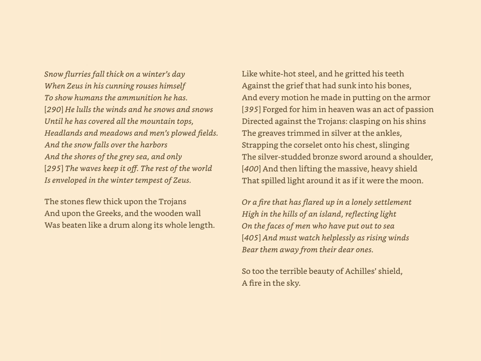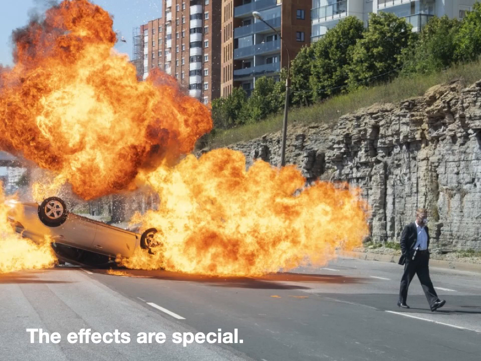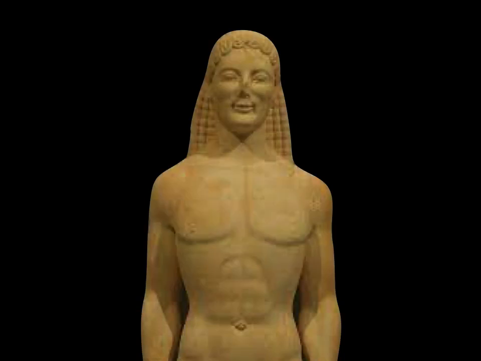So, if you want to, you can think of this as special effects for the theater of the mind, right? This is Homer's way of creating visualization that really amplifies the emotional content of his story, all right? I know that's a little strange way of thinking about it, but keep in mind that in the ancient world, the nearest visual approximation you might get to the human form would look like something like this.